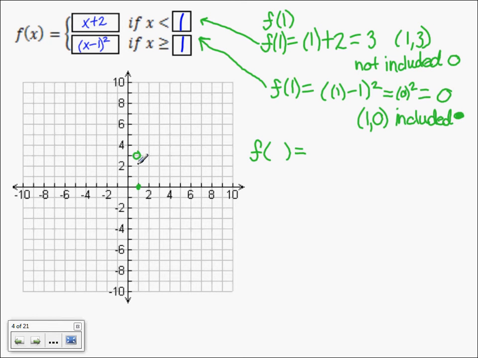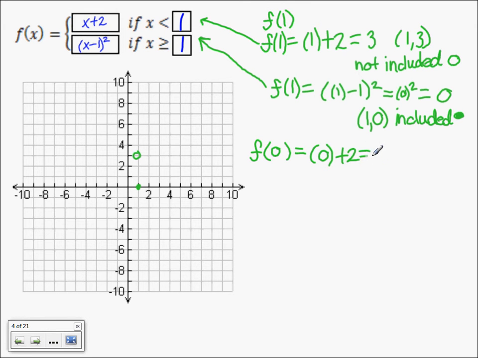So I believe, as you'll see, there's going to be a break in between the two parts of the piecewise function. So for our first part, x plus 2 when x is less than 1, why don't we say when x is 0? So we'll put an x in for the first part. So in for x is 0 plus 2.